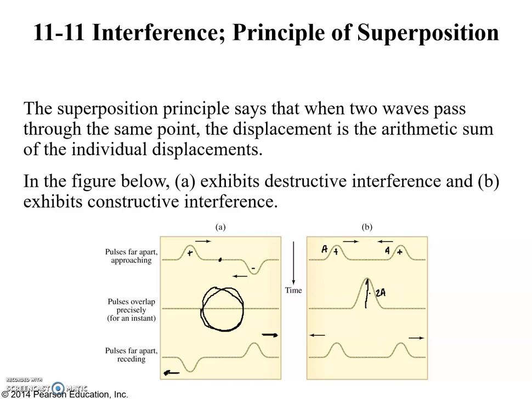So they essentially double the magnitude of the amplitude, and then they continue on their way here. So one to the left and one to the right. So waves that come in contact with each other will interfere with each other, and depending on whether they're both positive or one's positive and the other's negative, they will exhibit either constructive or destructive interference.